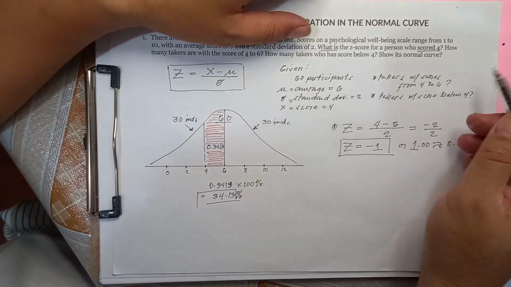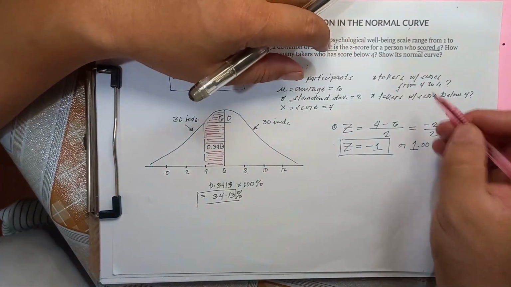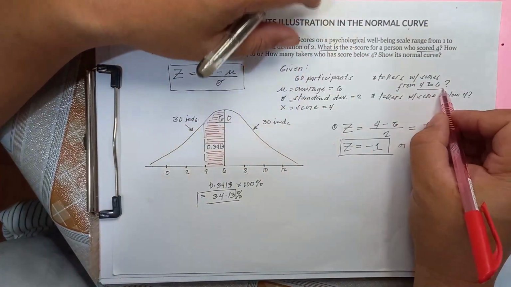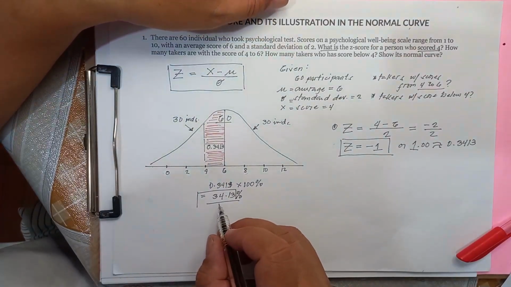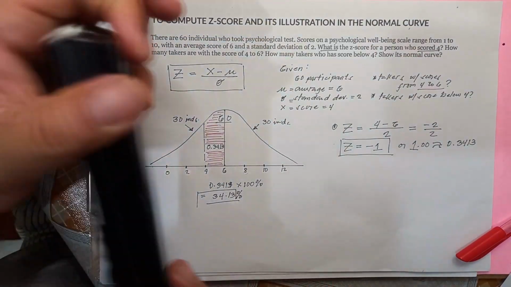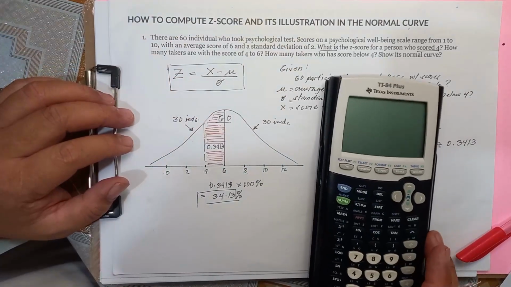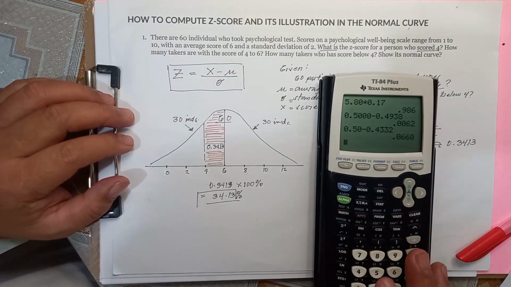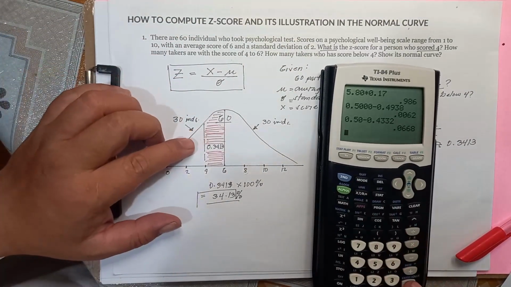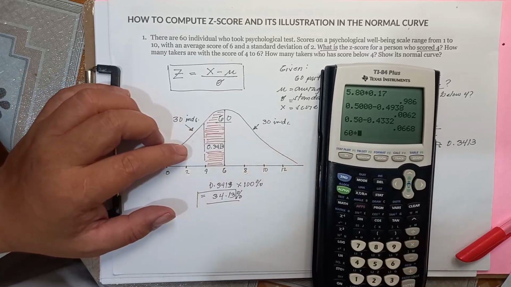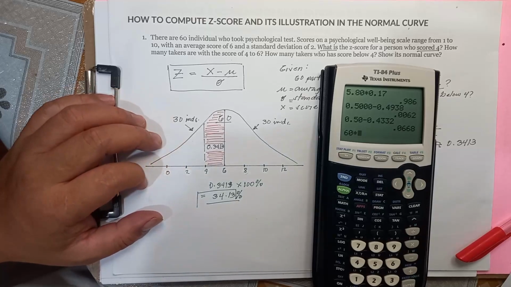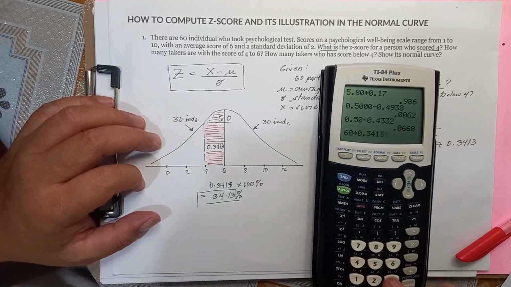Meaning to get the number of takers who have a score range from 4 to 6, this 34% is to be multiplied with 60. So we say 60 participants multiplied by 0.3413.